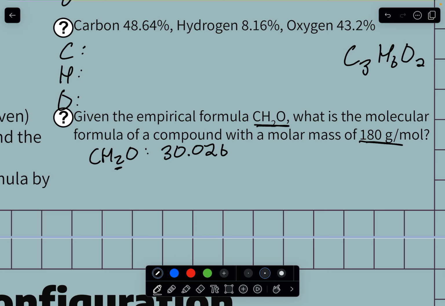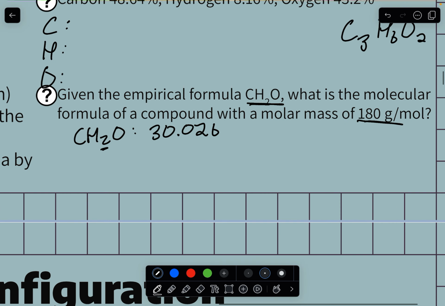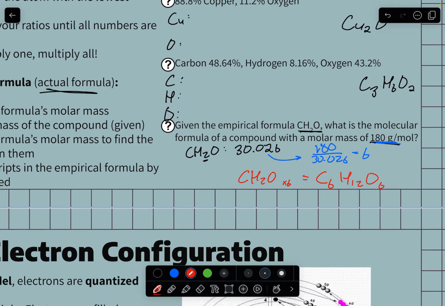Okay. Our next step was we're going to divide the molar mass of the compound that was given by the empirical formula's mass. So the given was the 180, divided by the mass we just got, the 30.026. That division gives us a ratio of 6. So that's our ratio. The final step is we're going to take the compound we had, the CH2O, and multiply all the subscripts by 6. So C becomes 6, H 12, and then O 6.